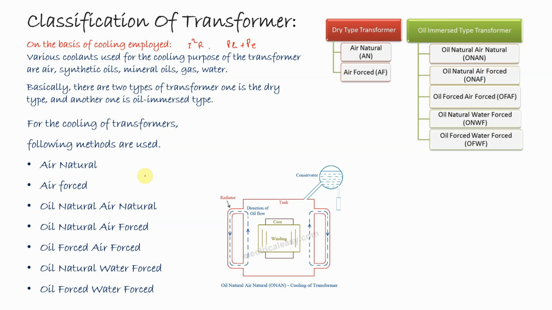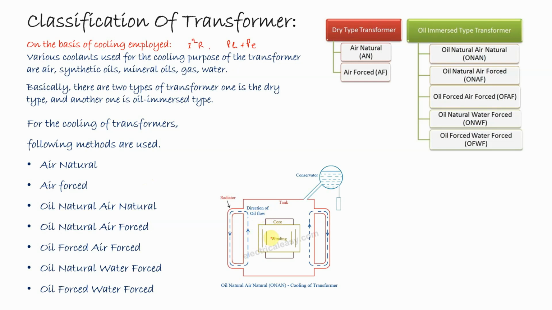Here is a schematic of the oil natural air natural cooling transformer. Here we can see that the oil is put in the tank and the main transformer is within the tank.